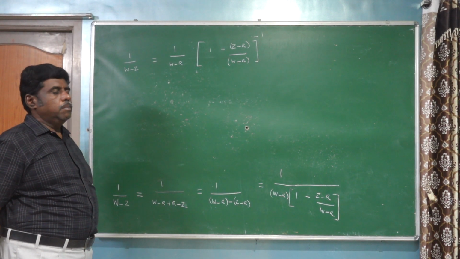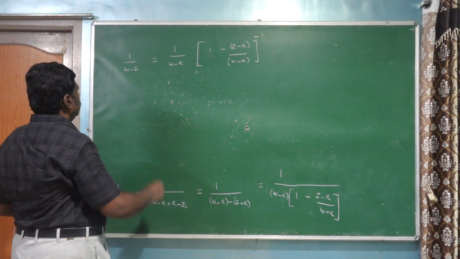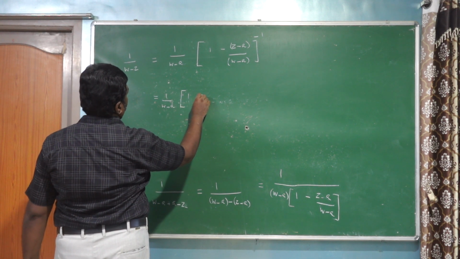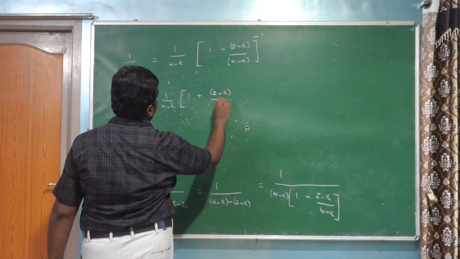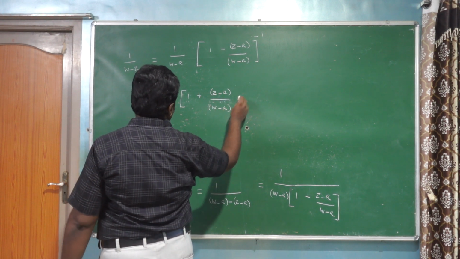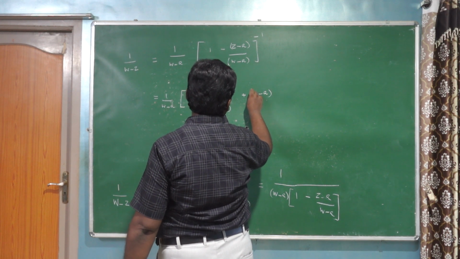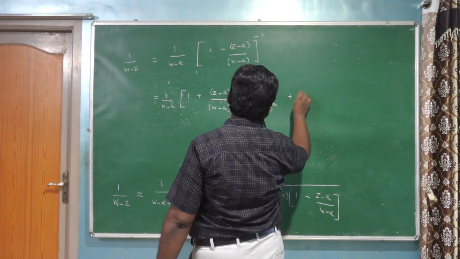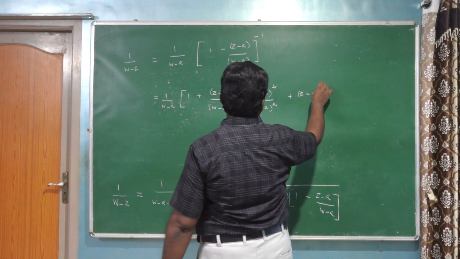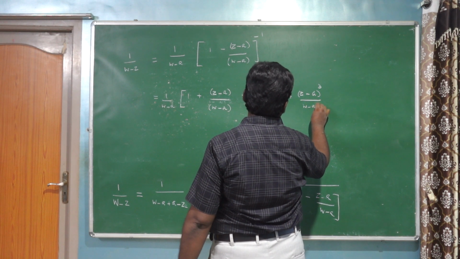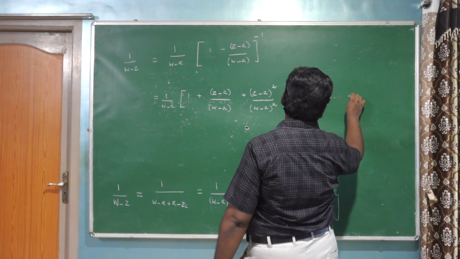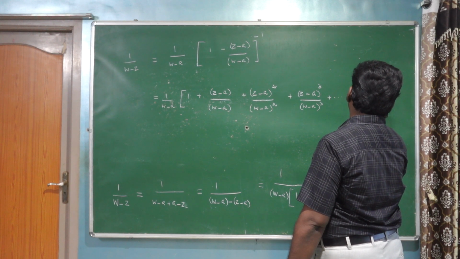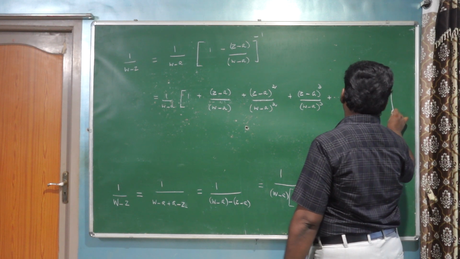Now we have to apply our binomial theorem, and then it is simplified as 1 divided by W minus A into 1 plus Z minus A divided by W minus A plus Z minus A whole square divided by W minus A whole square plus Z minus A whole cube divided by W minus A whole cube, then Z minus A power n whole divided by W minus A power n.